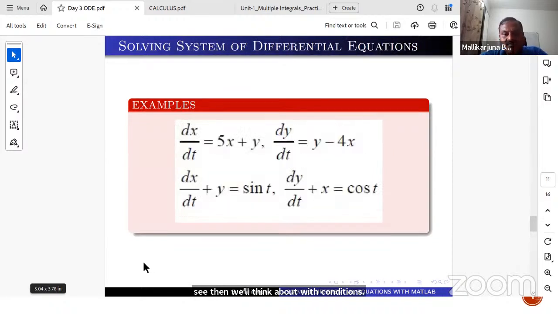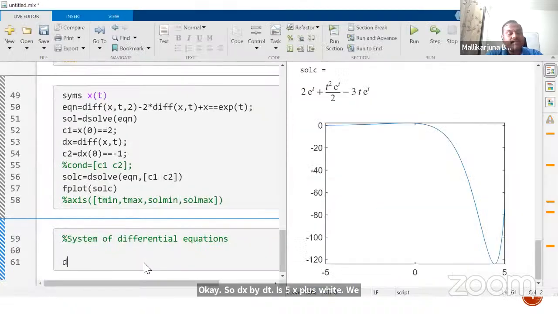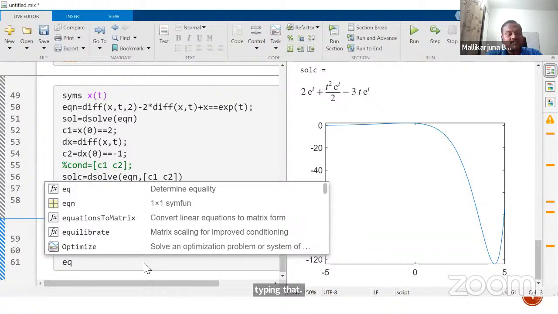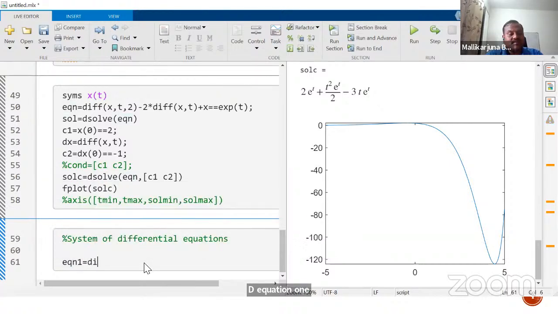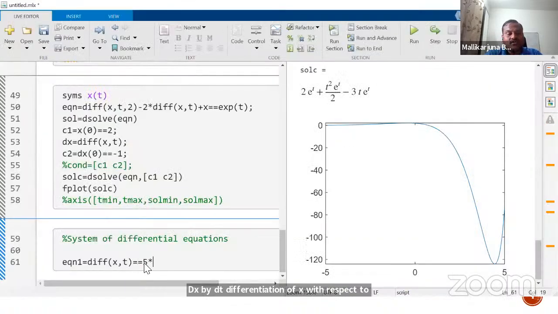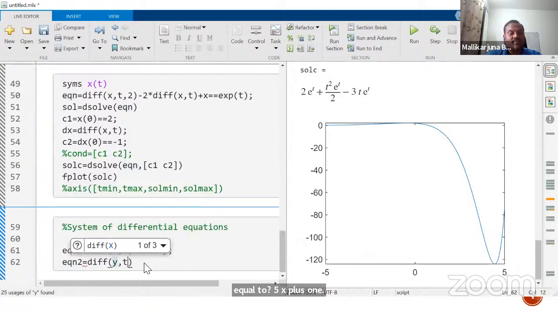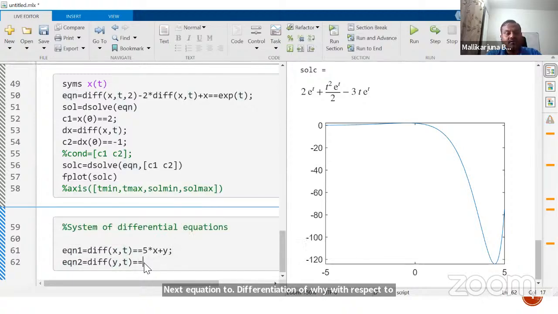Okay. So dx by dt is 5x plus y. We are first typing that, equation 1: differentiation of x with respect to t is equal to 5x plus y. Next, equation 2: differentiation of y with respect to t is equal to y minus 4x.